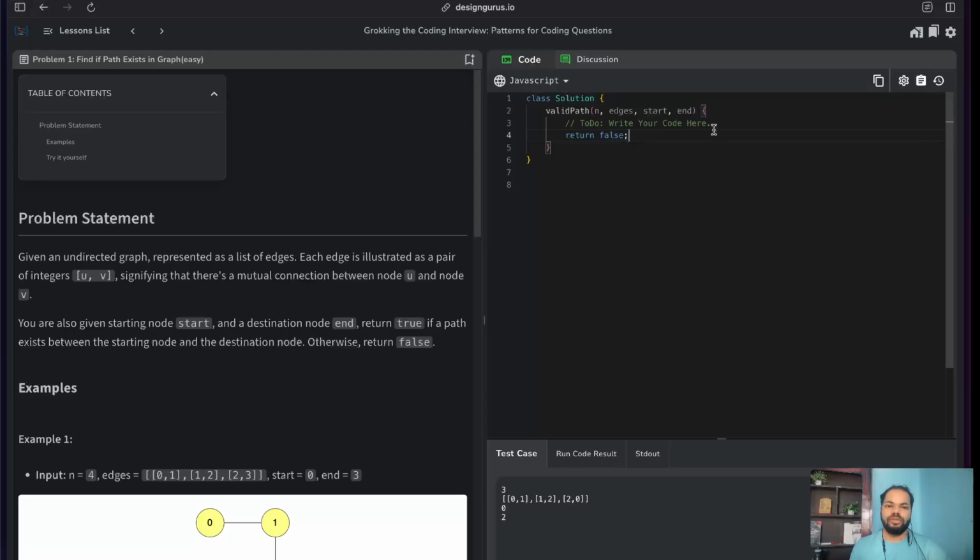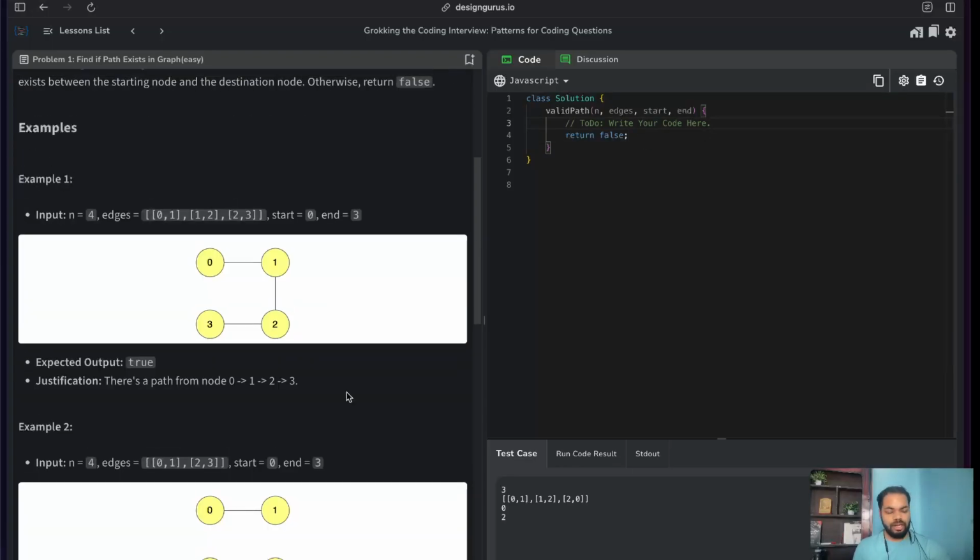What I'm thinking right now to solve this problem is, because we are reading the graph, the first thing is clear: we will be creating a graph out of it. Is there another way we can solve it? There is one other way we can solve it, definitely.